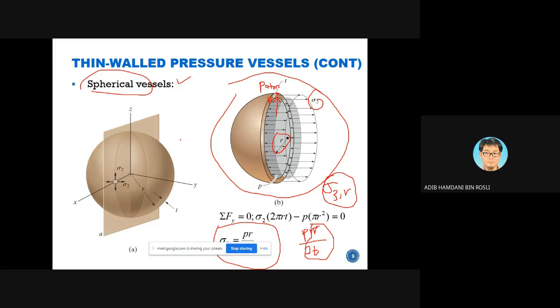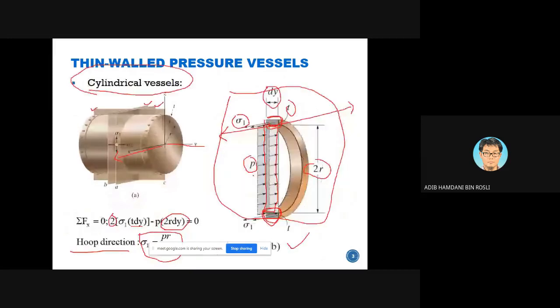And we say that for the thin wall pressure vessel, the R over T is more than or equal to 10, right? Which means that here, at least, in this case, it is 5 times bigger for this longitudinal stress. While for the previous one, the hoop stress will be 10 times bigger.